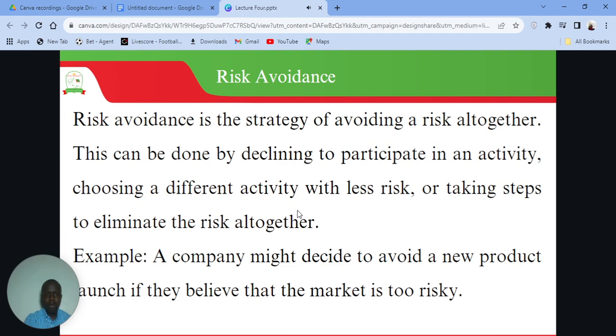Now, risk avoidance. This kind of strategy is avoiding risk altogether. We have already discussed that. So we simply decline to participate in an activity, or we choose a different activity. Maybe we have been warned by the team we were consulting on matters of risk, on the challenges that might find us along the way.